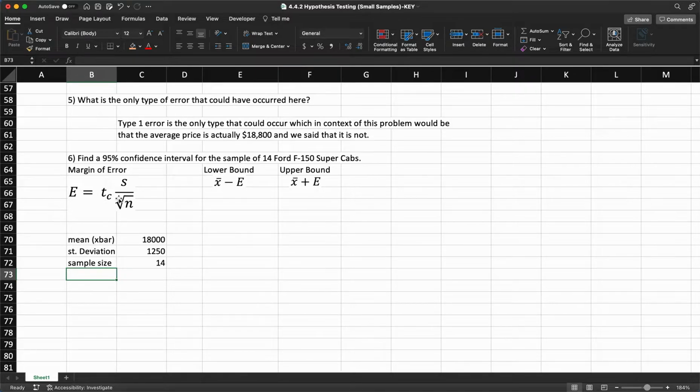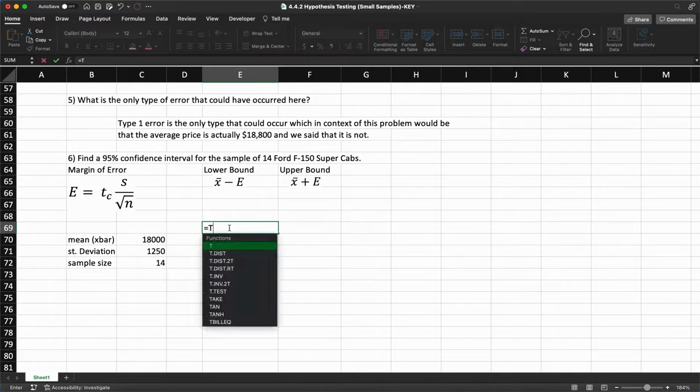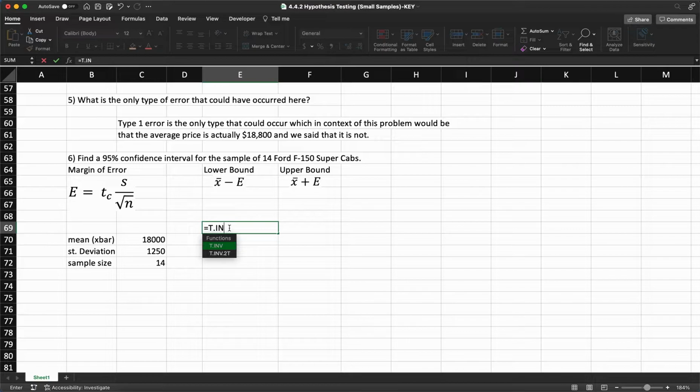So first we want to find the critical value. This critical value is the same thing that we put into our norm.inverse function, except now we're going to put it in something called the t.inverse function. So with t.inverse, you put in the probability.